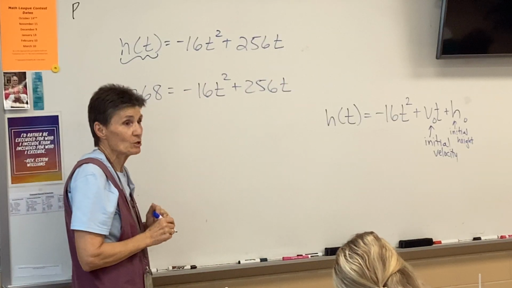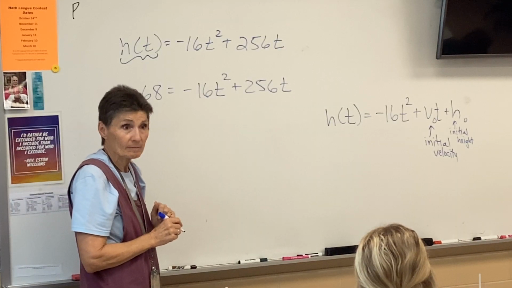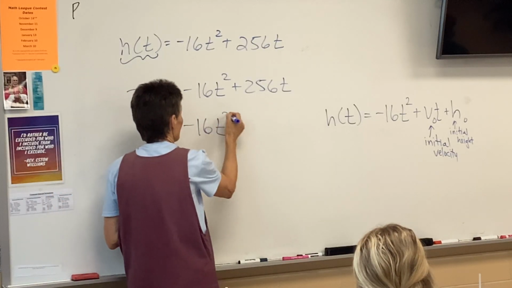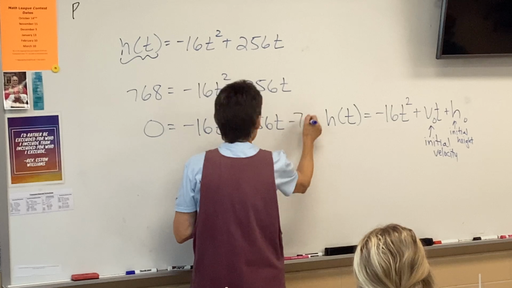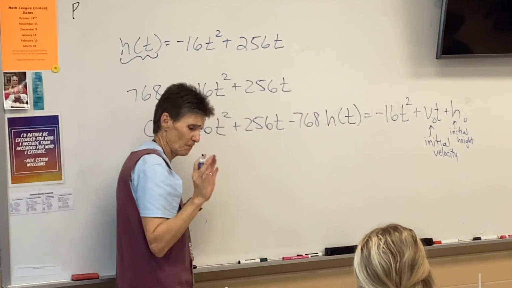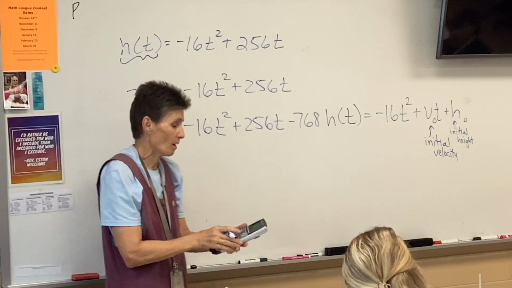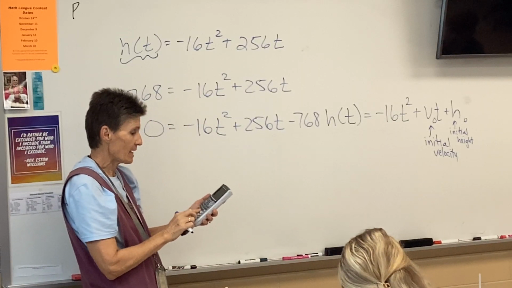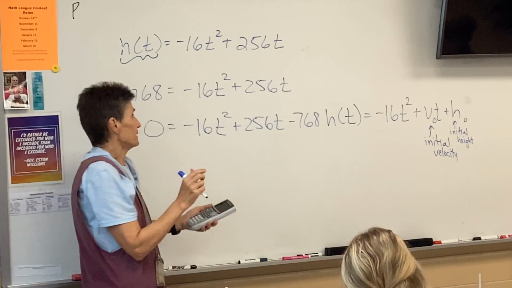What kind of an equation is that? Quadratic? So let's get it set equal to 0. And then, just for fun, this would never happen in the real world, but this is a textbook problem. So just for fun, does 768 divide by 16? It does.